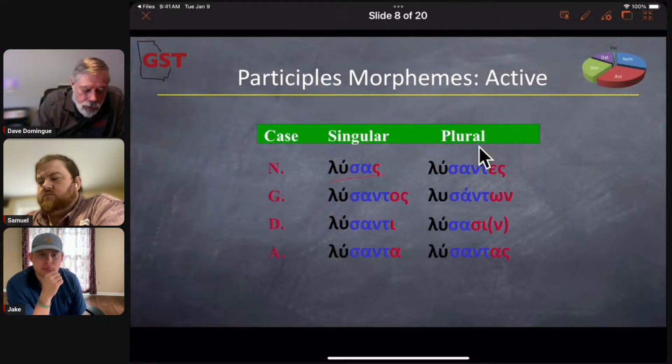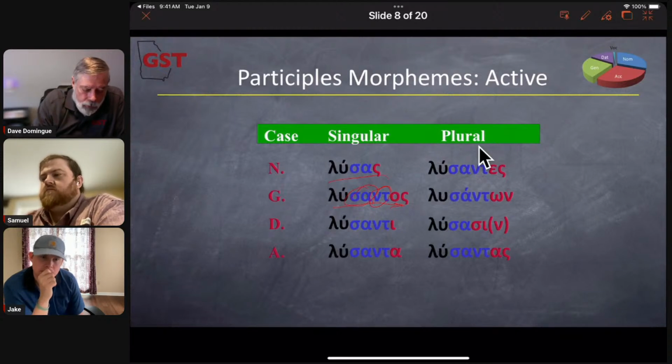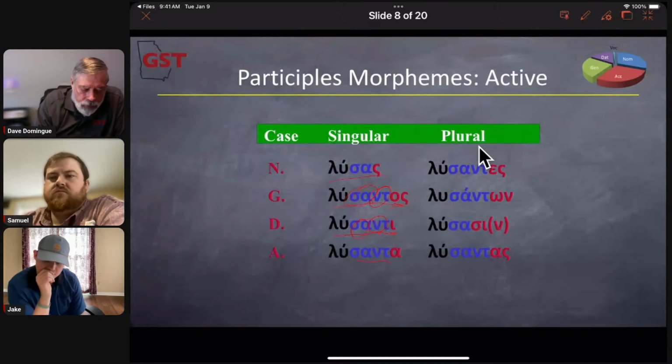Lusas, Lusantas, there's our tense formative, there's our participle morpheme, and there's our genitive case ending. All right, omicron sigma. Lusanti, there's our sigma alpha, there's our participle morpheme, and our dative. Lusanta, accusative. These should not be new.